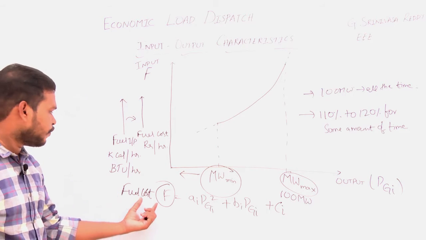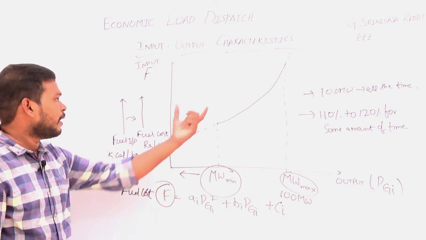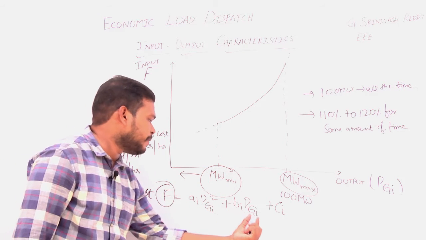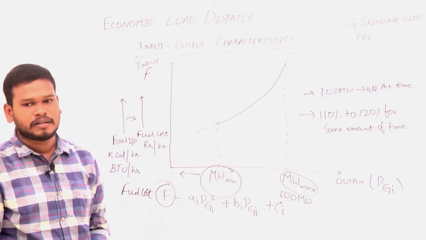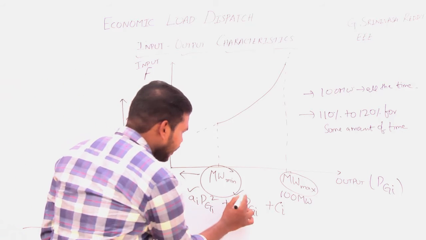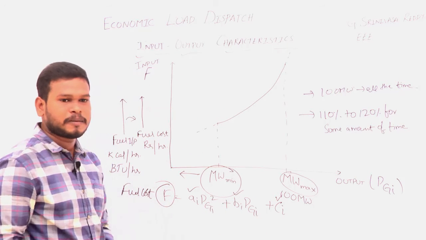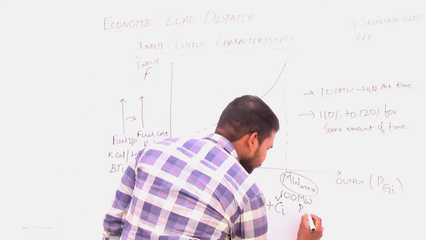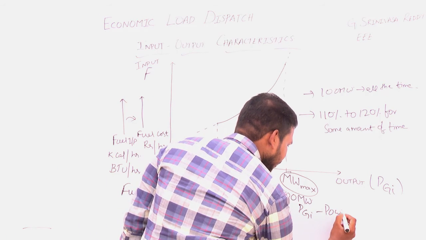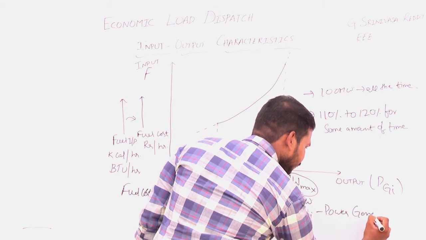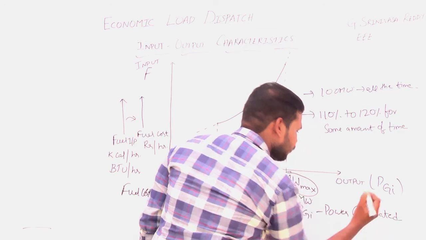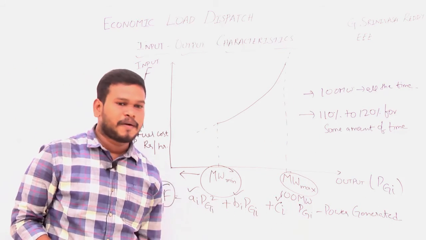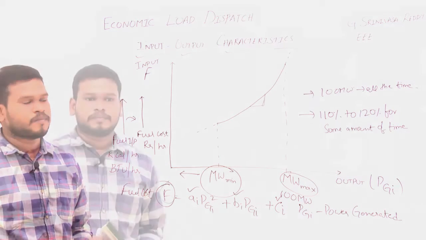So fuel cost F can be written from this curve as AI PGI square plus BI PGI plus CI, where AI, BI and CI are different constants and PGI is nothing but the power generated.